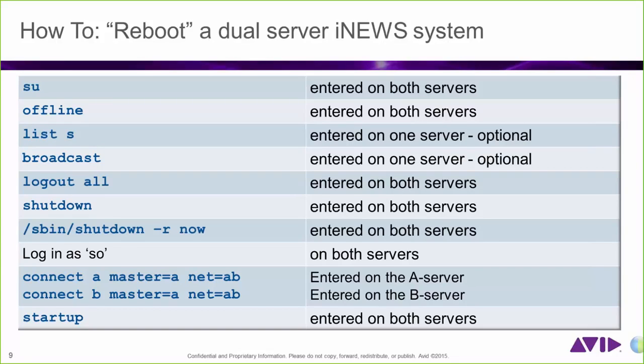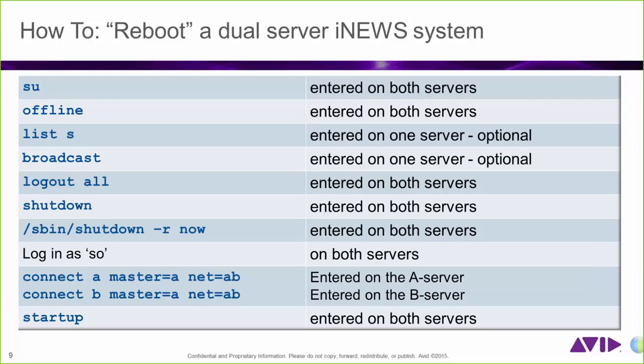So it's basically the same commands: su offline, check list S to check users who are logged in, maybe send a broadcast message, log out users who are logged in, shut down iNEWS, and reboot the operating system. Then it'll automatically reboot. We'll log in as the system operator user again. We'll connect the servers, and we'll start up the system.